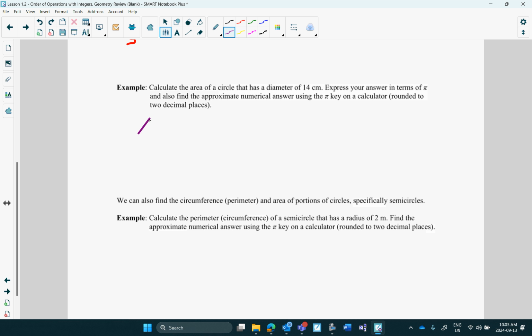So what's the area again? Pi r squared. And what is r in this example? Right, which will be 7. And remember order of operations, which we've already talked about.